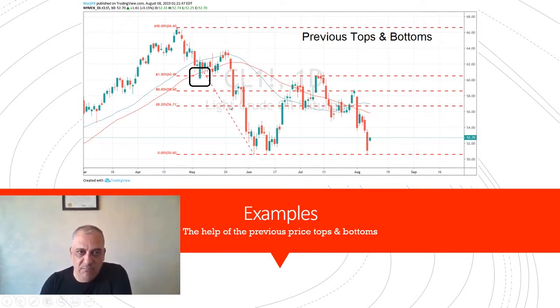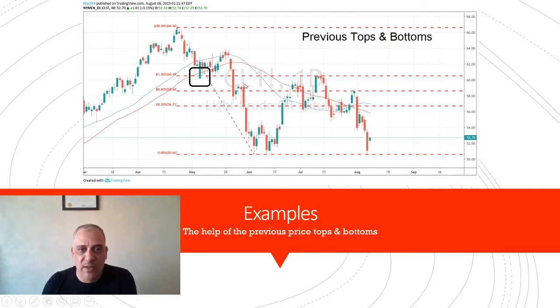If we take a look around here, we can see that the area around the 38% level has no meaning in the previous move. What do I mean by that? When the price was falling, it moved through this area without any kind of respect.